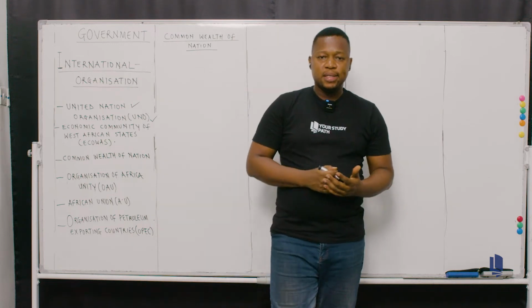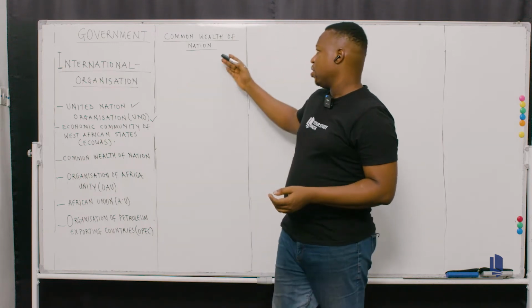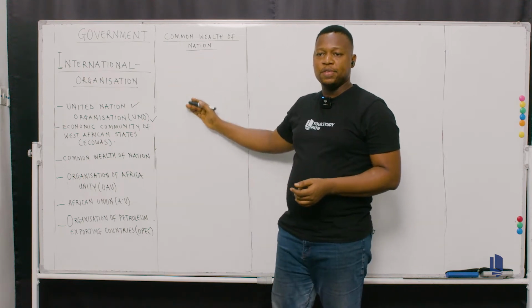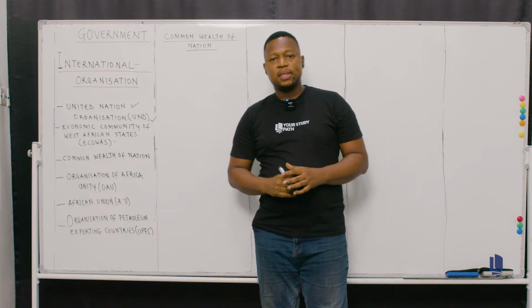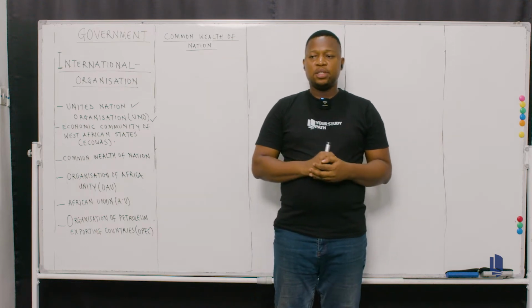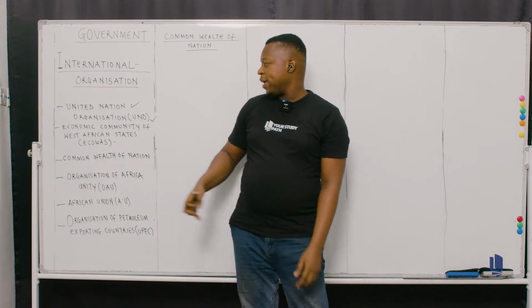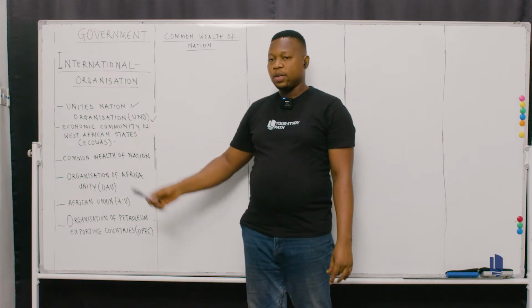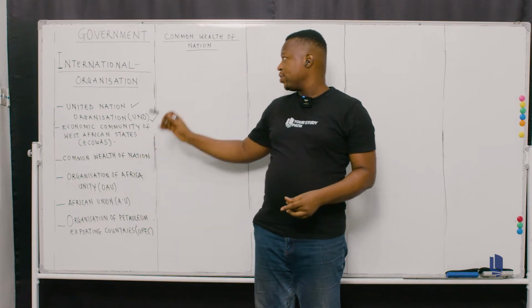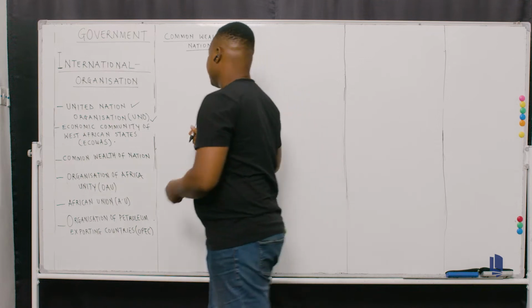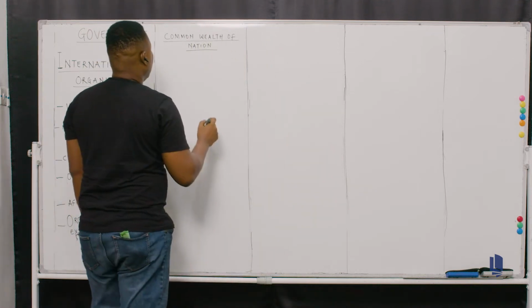Then we look at some of the achievements of Commonwealth of Nations. Then we also look at problems faced by Commonwealth of Nations. Just like the way we have it under United Nations Organization and in ECOWAS. Okay, today is Commonwealth of what? Nations.